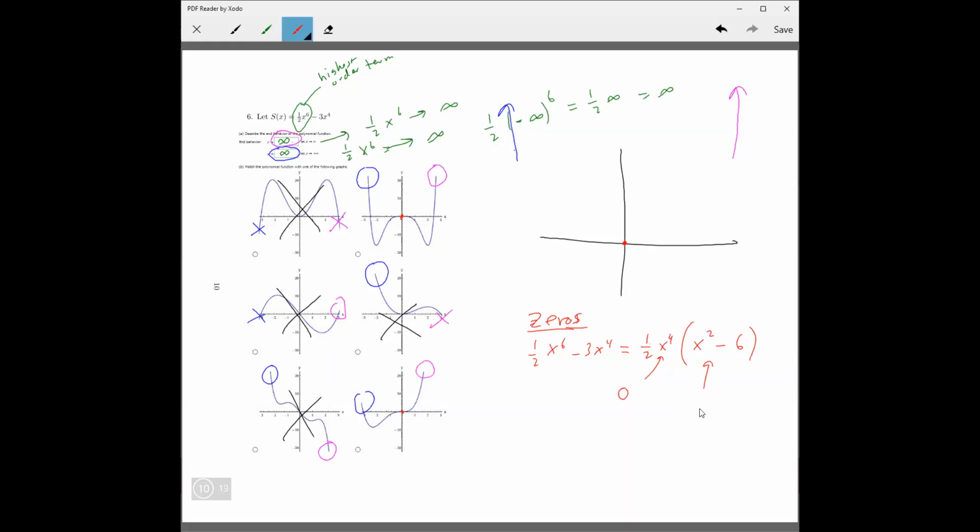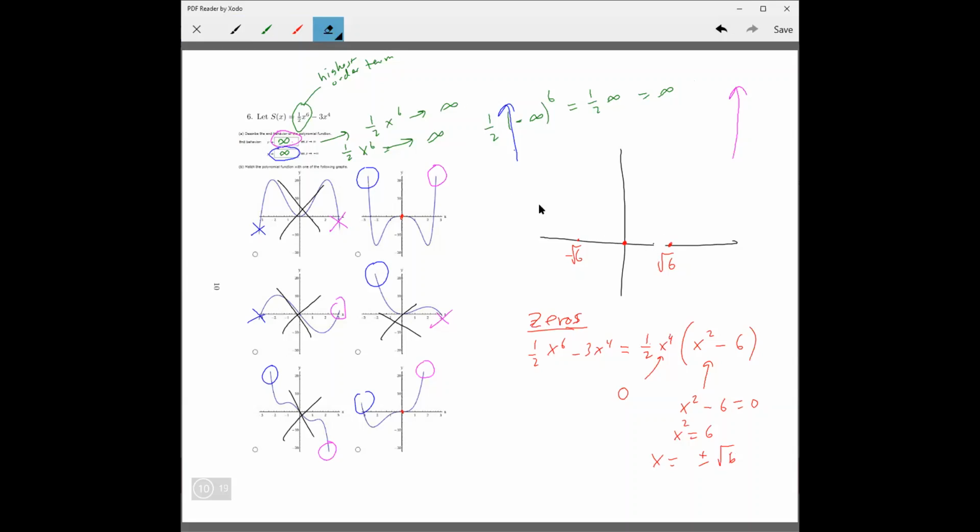This one, if I set that equal to 0, I get plus or minus root 6. That means that at root 6 and negative root 6, I need zeros. Let me just erase that.